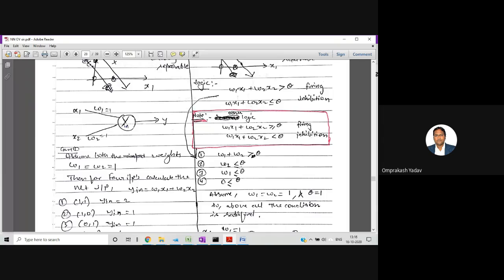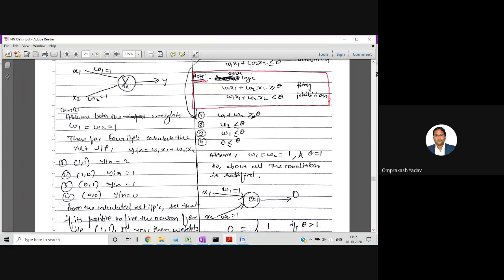W2 is less than or equal to theta, 1 is less than or equal to 1, that is also correct. W1 is less than or equal to theta, this is also verified. Then theta is greater than or equal to 0, theta is 1, which is greater than 0. So all the conditions are satisfied.